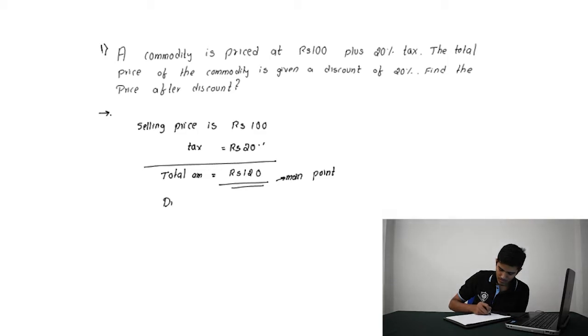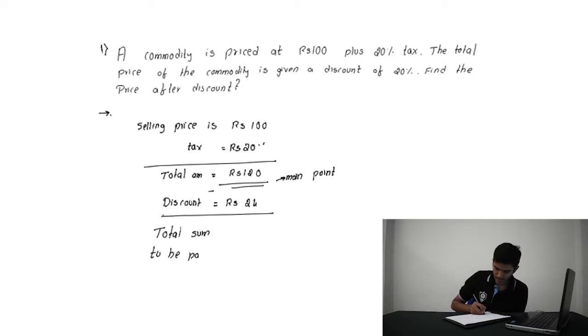So discount. 20% of 120 is 24. So when you subtract this, you get total sum to be paid equals rupees 96.